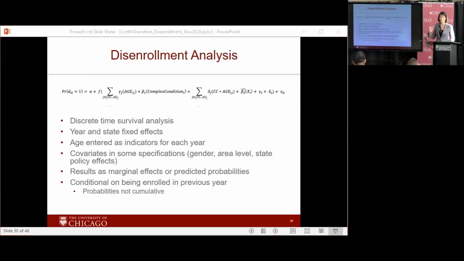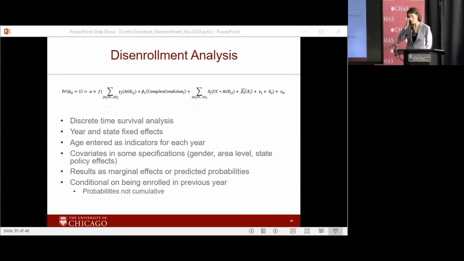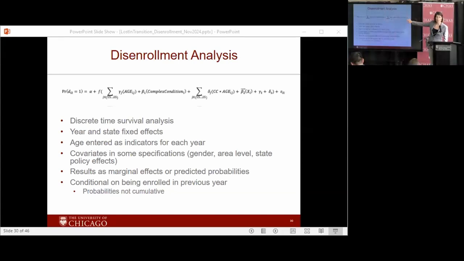So we're not imposing linearity on this. We're going to have a different estimate for each age individually. And then the second summation term is that we estimate this for the complex population separately. So we have an estimate for each age for complex and non-complex.